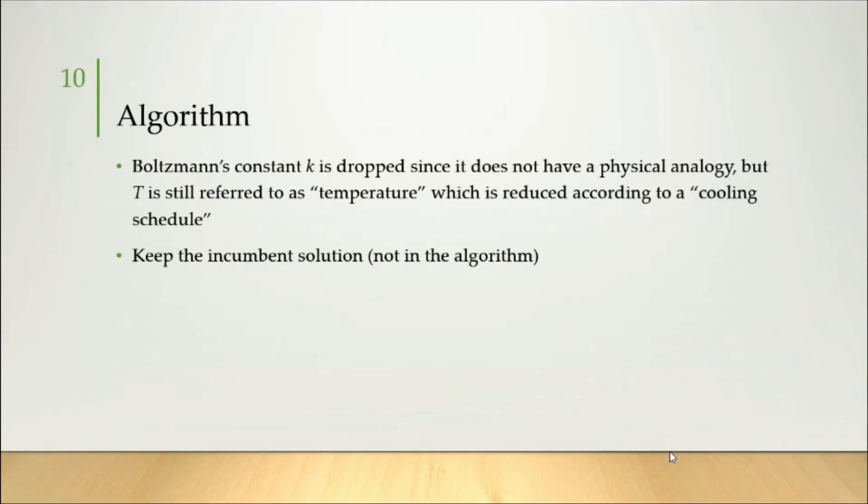In most simulated annealing algorithms, we are not using the Boltzmann constant K, because it doesn't have a physical analogy here. But T is still referred to as temperature. In simulated annealing, T is the control parameter, which is reduced according to a cooling schedule. That is why we use the term temperature.